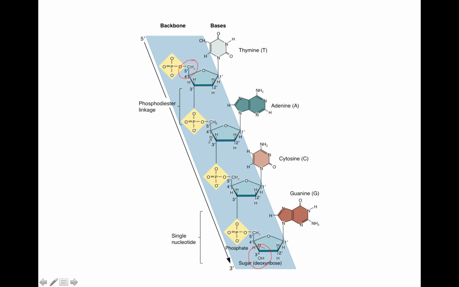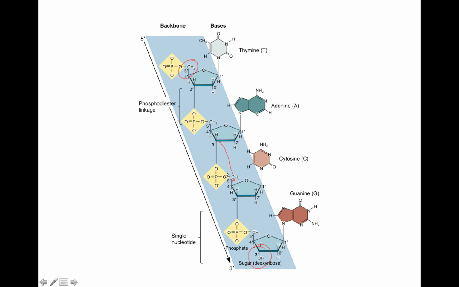These phosphodiester linkages are between the 5' carbon of one sugar and the 3' carbon of the next sugar. We always say that there is a 5', 3' phosphodiester linkage. You have to remember when you're drawing this that the 5' carbon is not part of the ring structure of the ribose, but the 3' carbon is.